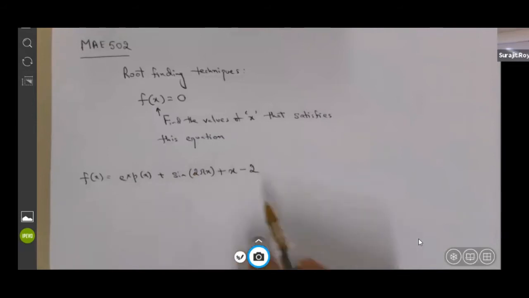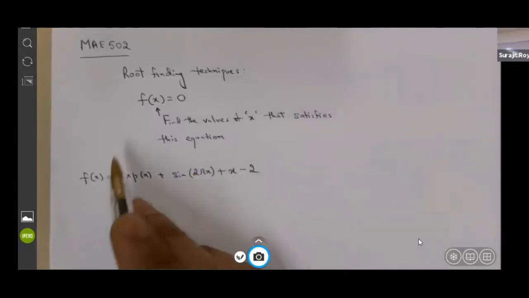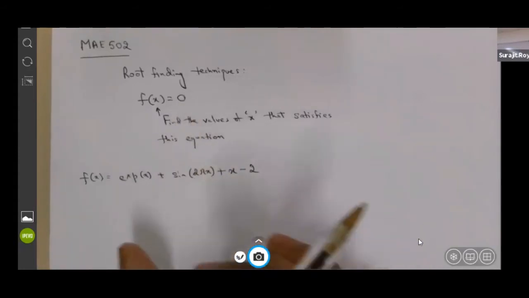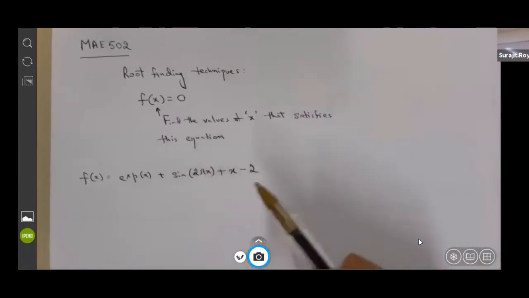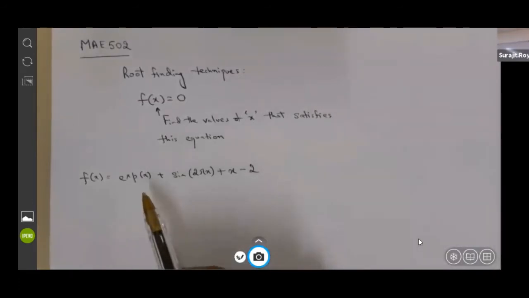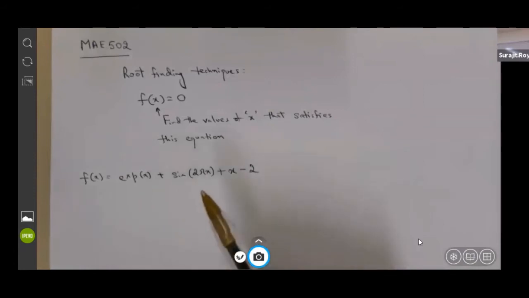So this is a very generic function for which I do not know what will be the value of x for which f(x) will become equal to 0. And this is basically the function that may arise where you're doing some sort of curve fitting technique and you are trying to model a physical system where the response is nonlinear, and you're trying to find where the function crosses the x-axis.